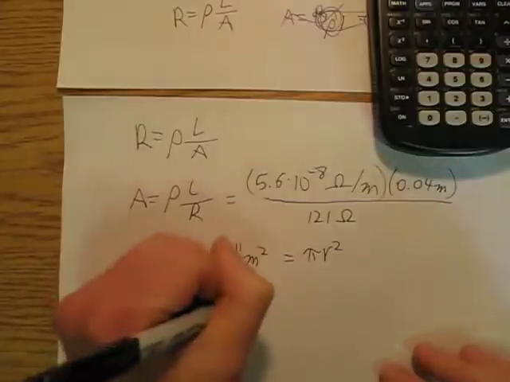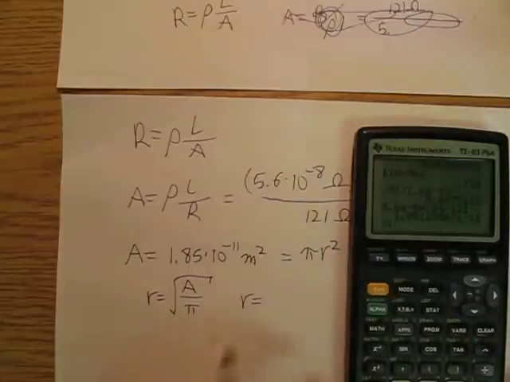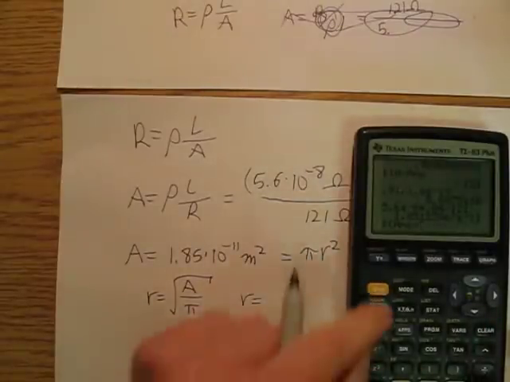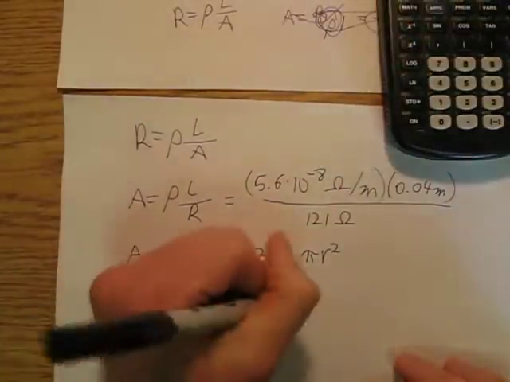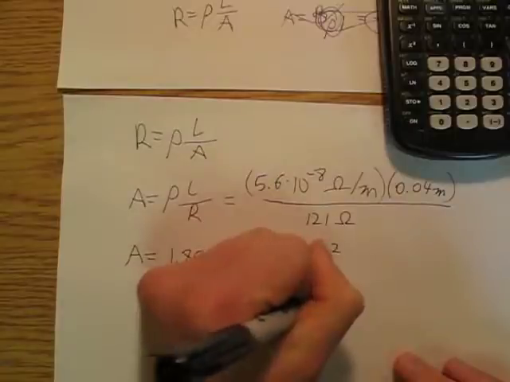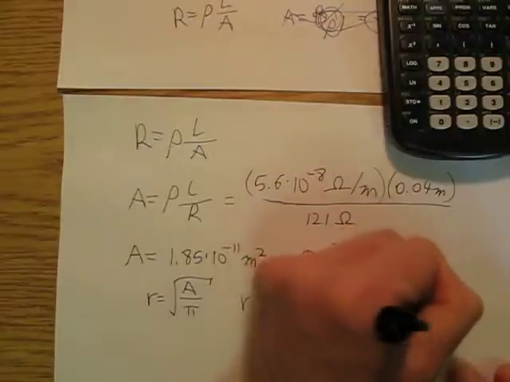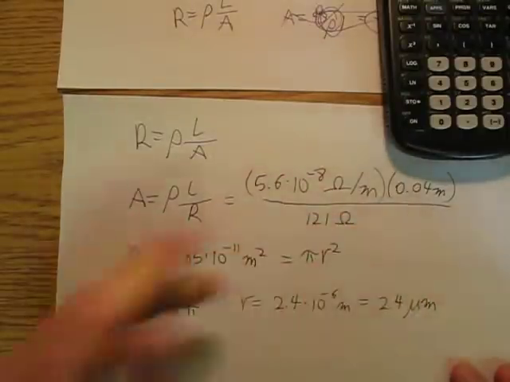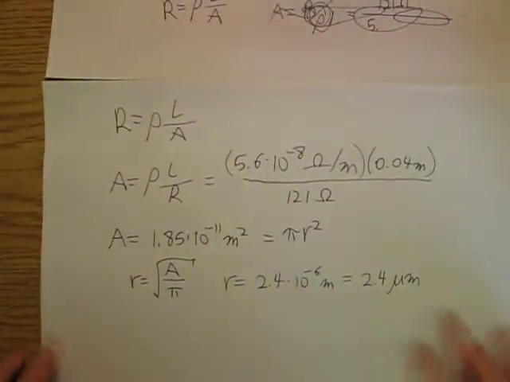So the radius of my wire is going to be the square root of my answer divided by pi, and I'm going to get 2.4 times 10 to the negative 6 meters, which is 2.4 micrometers, which is really, really small. But if you think about it, that wire inside of your standard light bulb is really, really small.